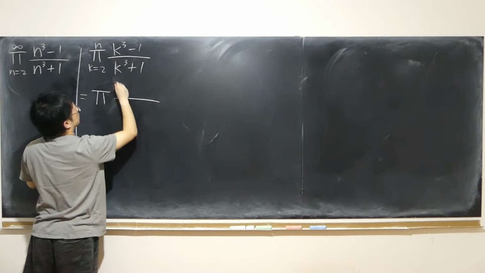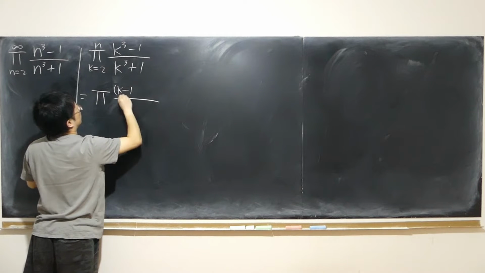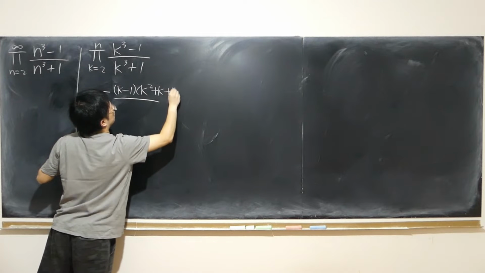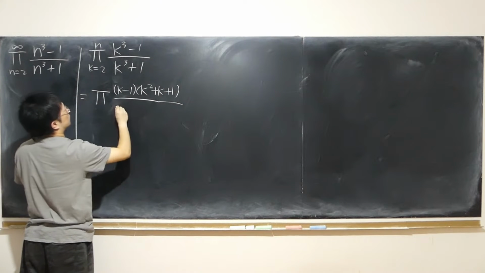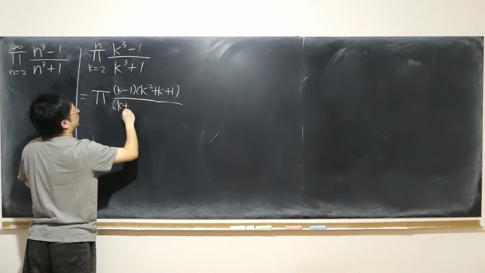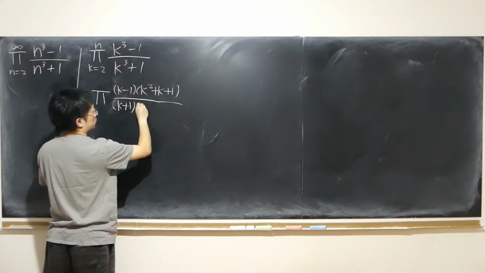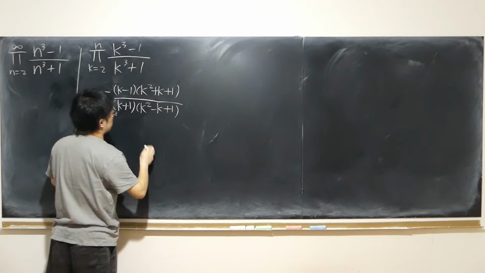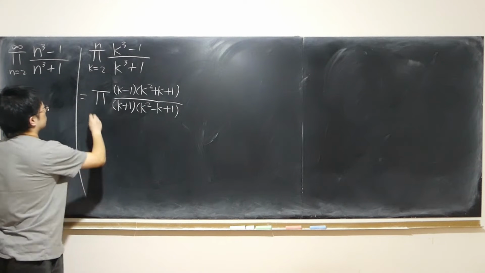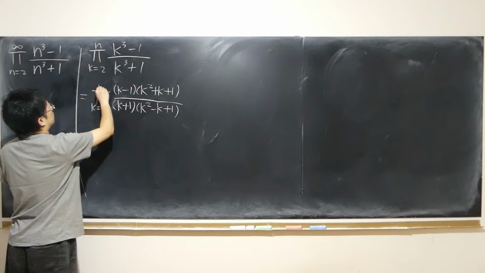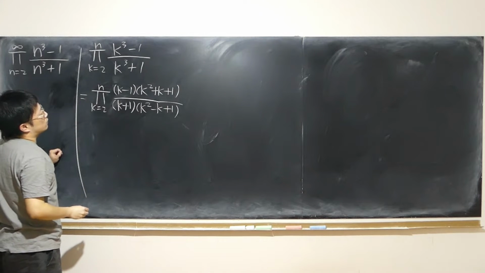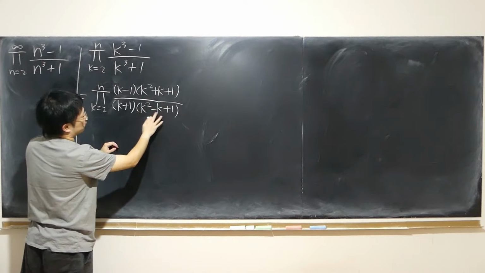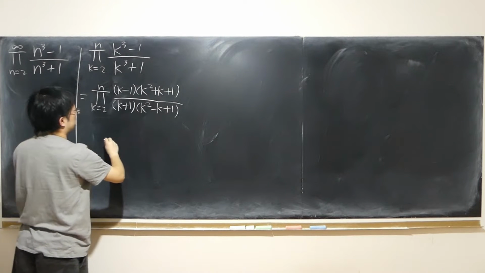Factorize this, we have k minus 1 times k squared plus k plus 1. Factorize this, we have k plus 1 times k squared minus k plus 1, which is standard factorization and easily verifiable. Now here we can divide the top and bottom factors by k simultaneously.